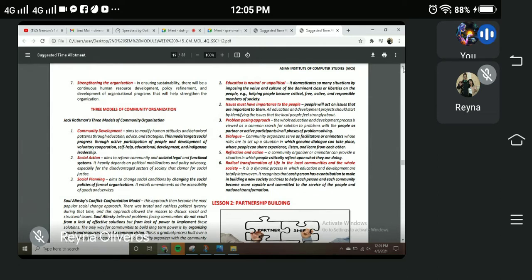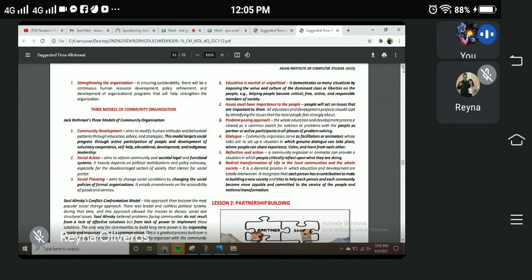For number 5, the reflection and action. When we say reflection and action, a community organizer or animator can provide the situation in which the people critically reflect upon what they are doing. And for number 6, a radical transformation of life in the local community and whole society.